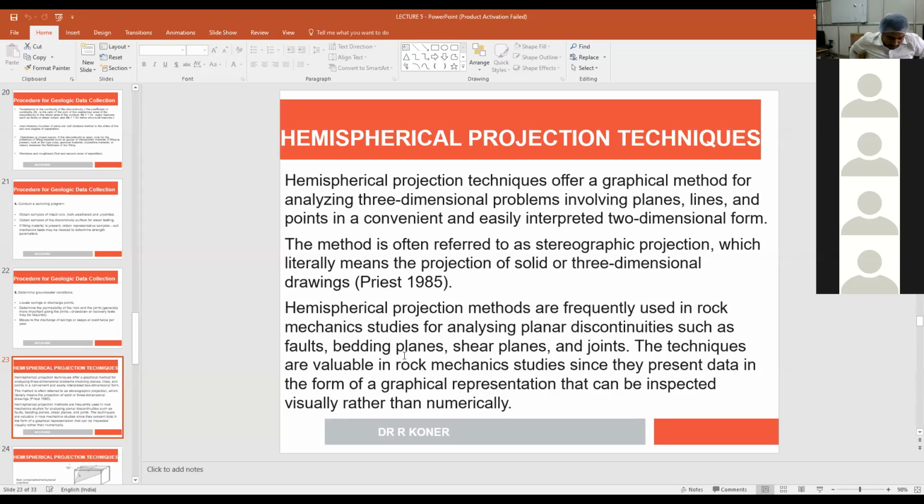Yes, very good question. In the first class, I told you the rock we are dealing with is not homogeneous, it is heterogeneous. The rock we are dealing with is not isotropic, it is anisotropic.